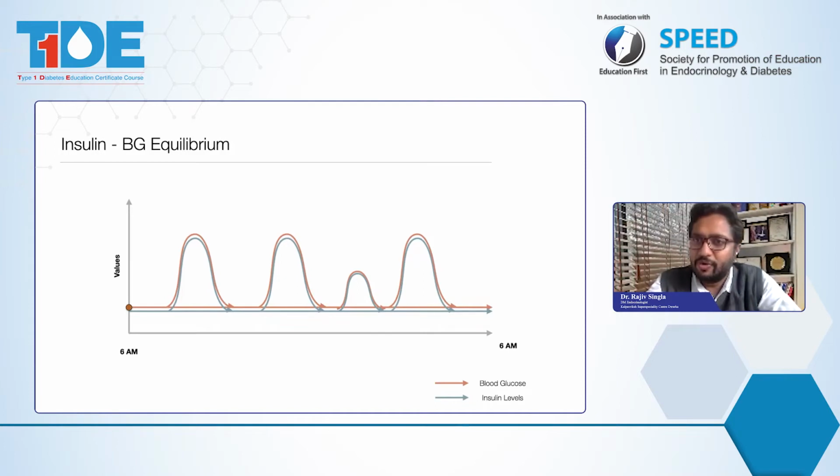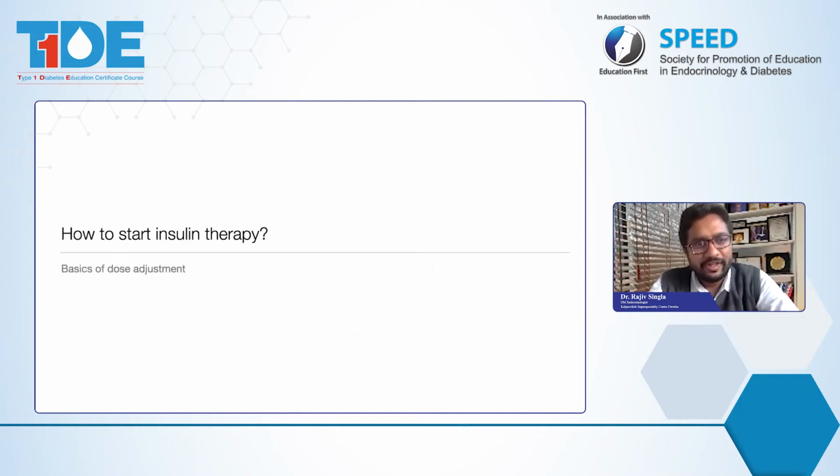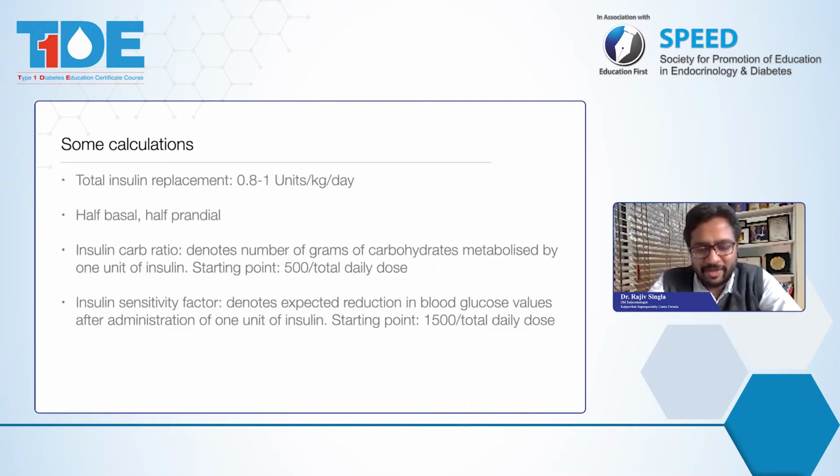So we need to be able to match the insulin dose that we are taking before each meal. We are going to discuss the first steps in which we start matching those doses. So how do we start? First of all, we try to see how much total dose of insulin would be required by somebody with type 1 diabetes.